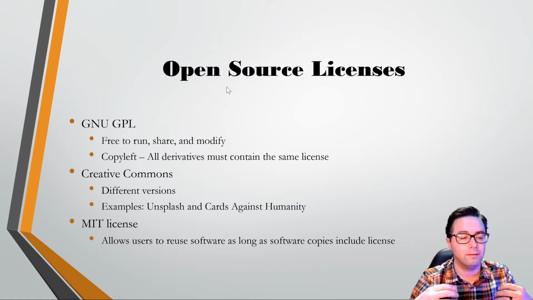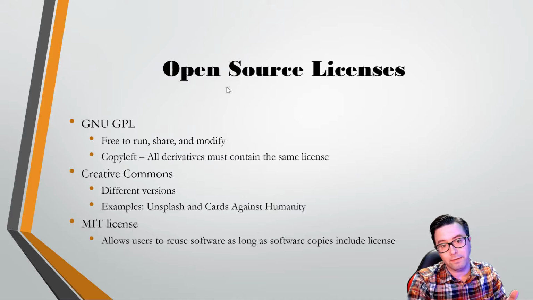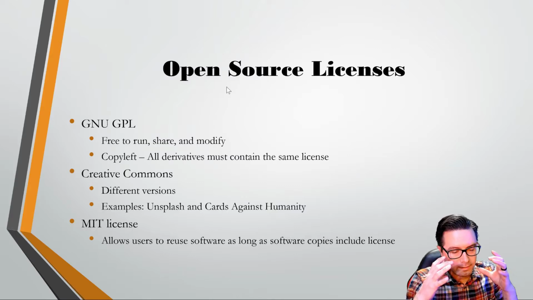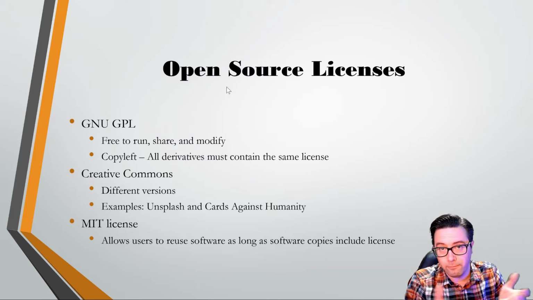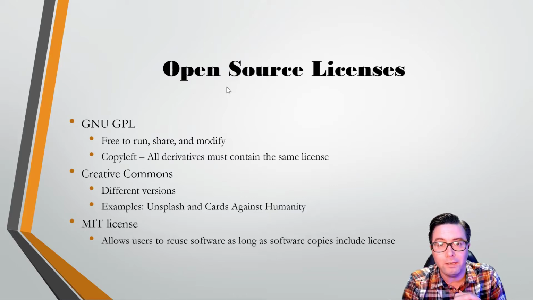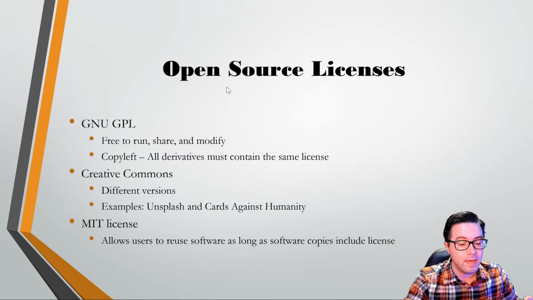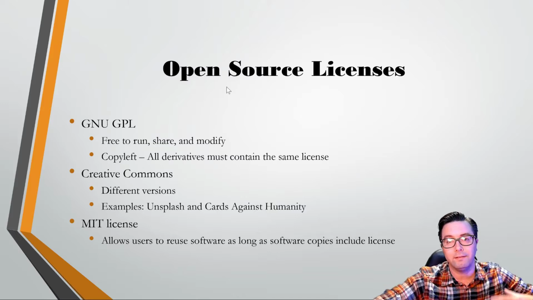So what that means is, say you are building software and there's a chunk that exists with a GNU GPL, and you could use it and it's great and it makes your software available. The thing is, since you included that software that has that GPL tied to it, that means your software has to use that license as well.